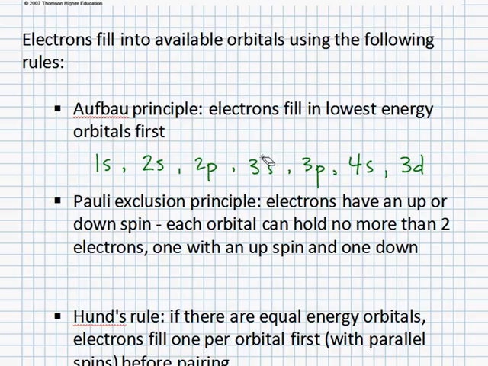So one is an S, some of them are P's, some are D's. Right? The S's are always lower in energy than the P's, and those are always lower in energy than the D's. But it turns out that in the next shell, the 4s subshell has split off and has become so much lower in energy that it actually has overlapped the 3rd shell.